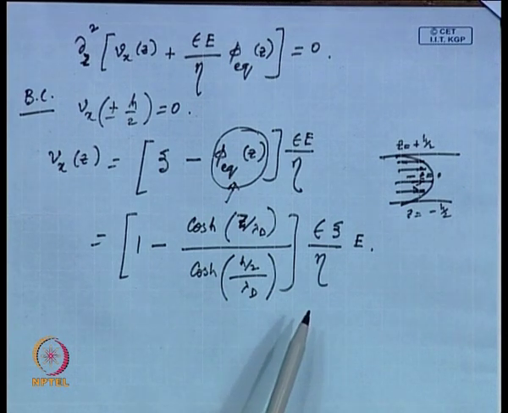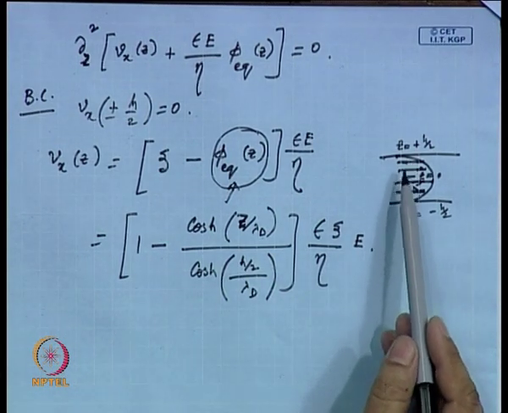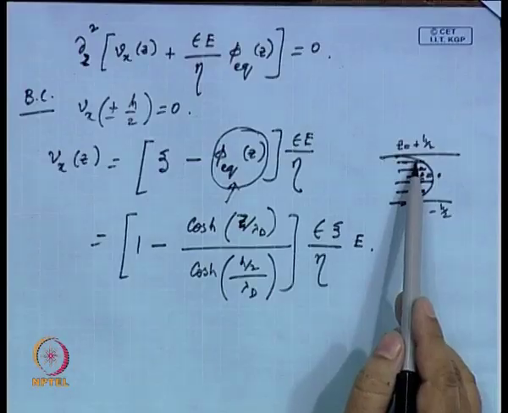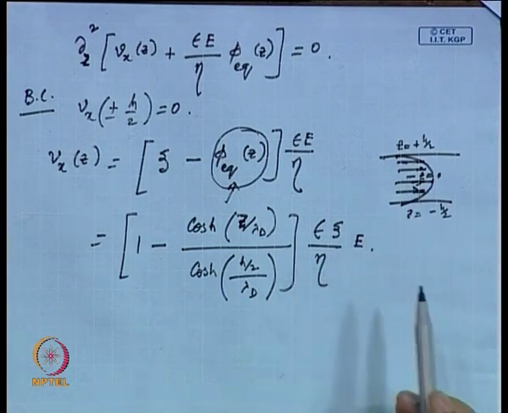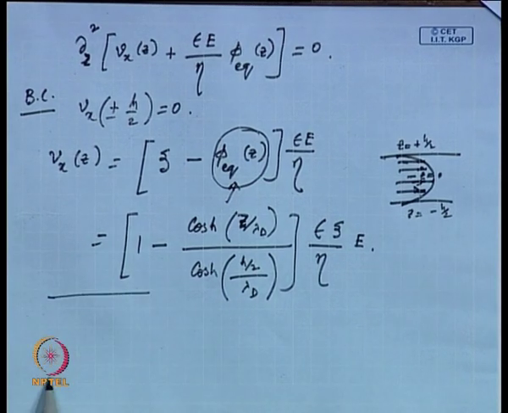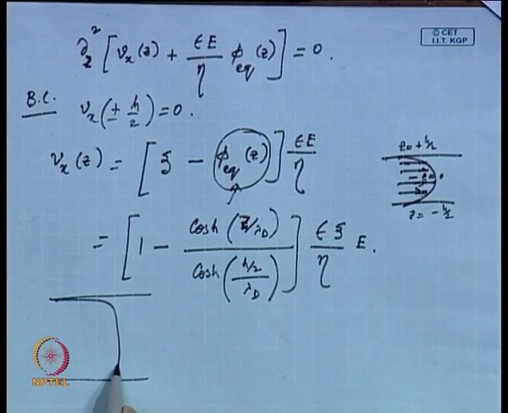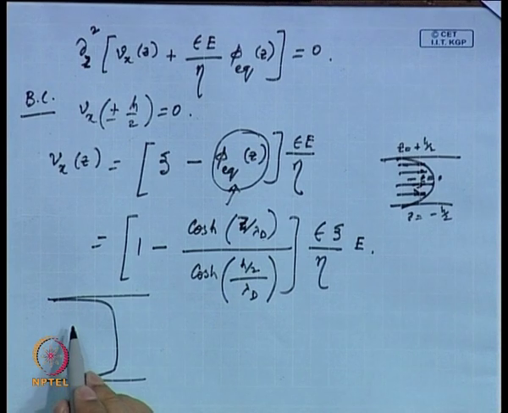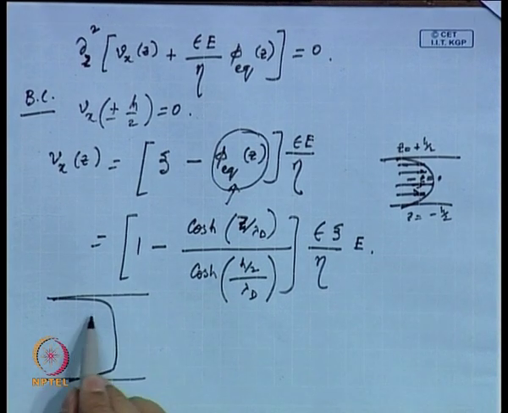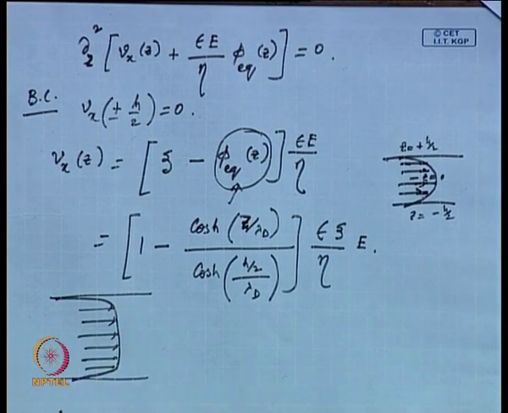Now, if you get a chance to plot this, you can take some sample values and plot Vx, just the way we plotted the parabolic velocity profile for Poiseuille's flow. If somebody plots this expression, the velocity profile looks like this. It is pretty much flat, and there is a minor change.